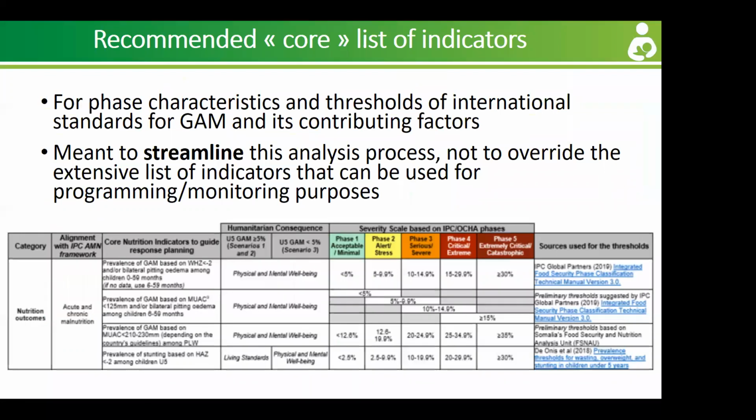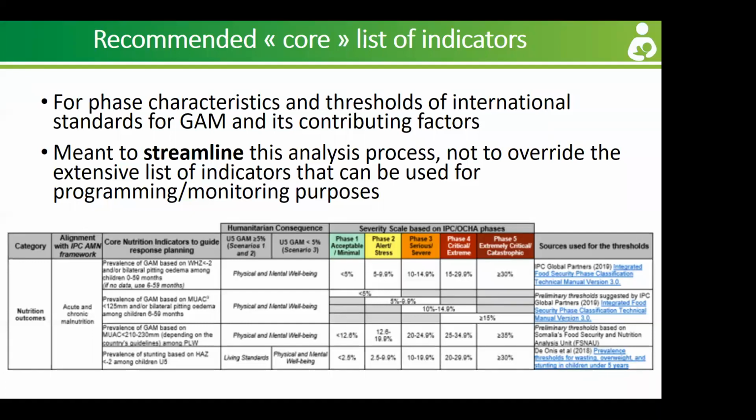Now to the recommended core list of indicators. Here we've prepared this list of indicators through the task force and also through the wider GTAM NIS members. And once again, it's really how can we streamline this analysis process while not overriding any other lists of indicators that can be used for programming or monitoring purposes.